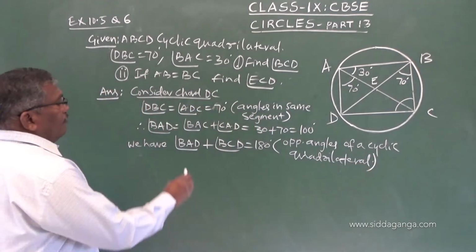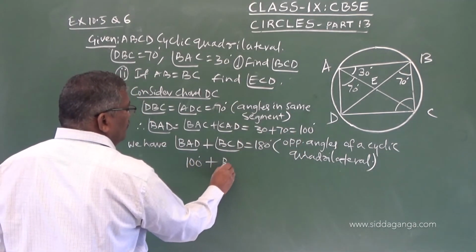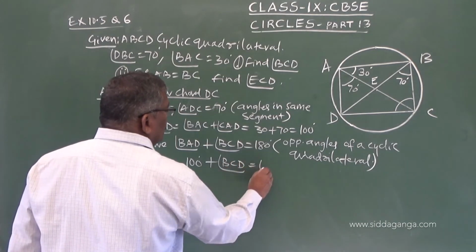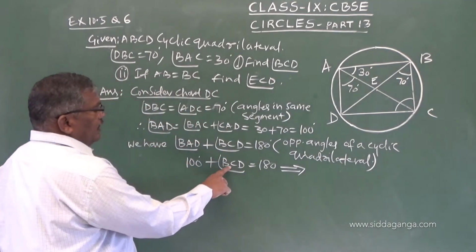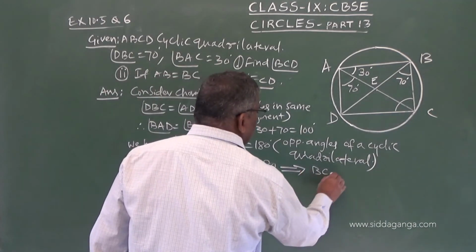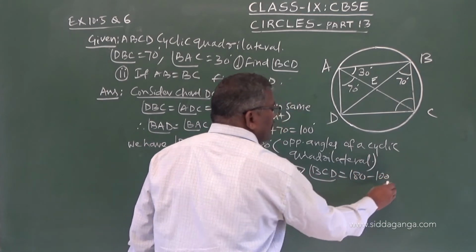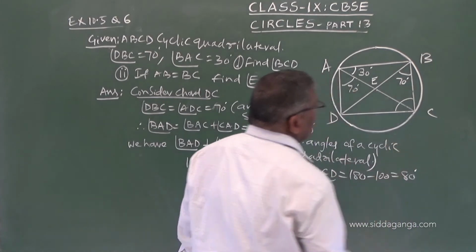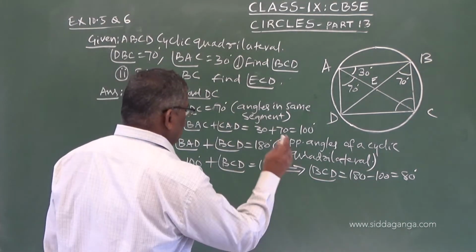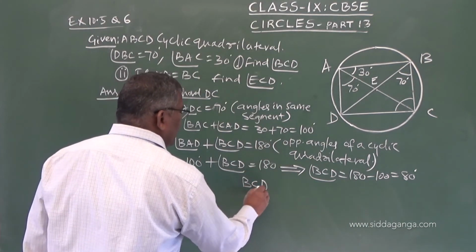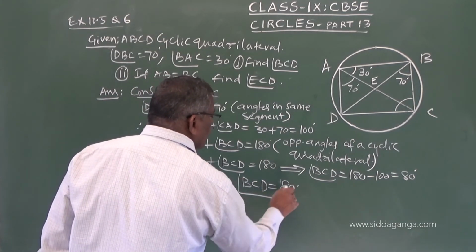So here BAD we have, this is 100 degree, plus BCD we have to find out, is equal to 180. This implies BCD equals 180 minus 100 equals 80 degree. So, one result we have found out. Therefore, BCD equals 80 degree.